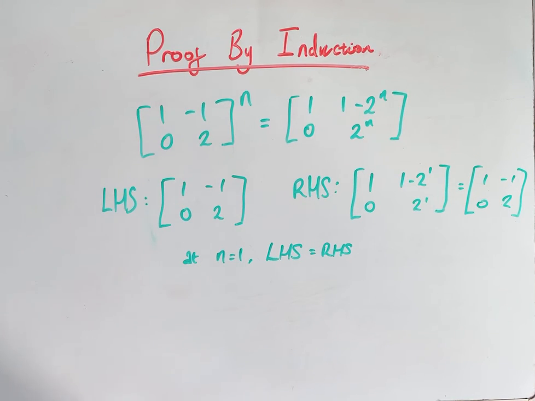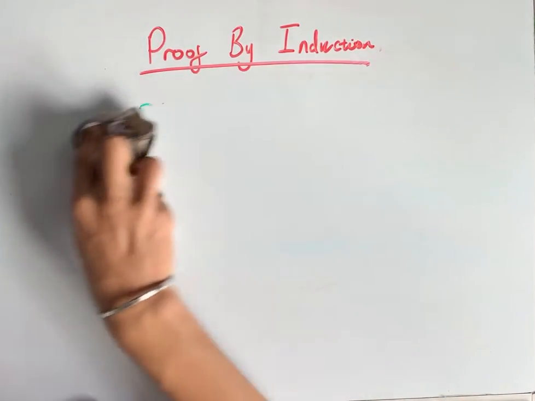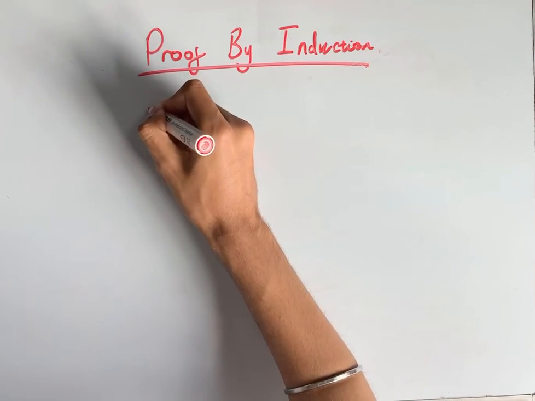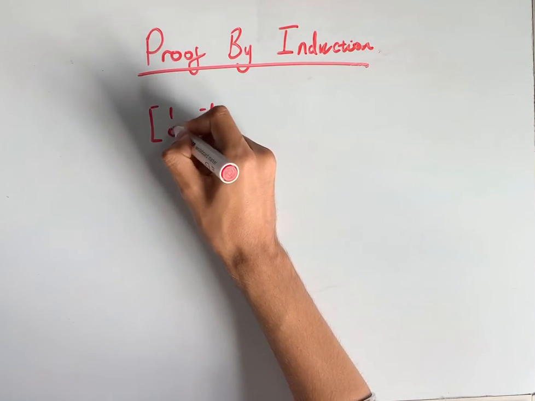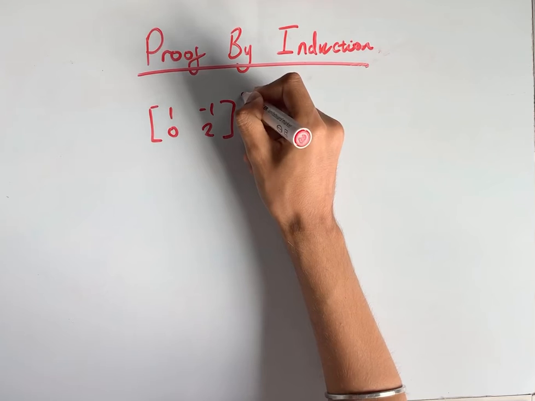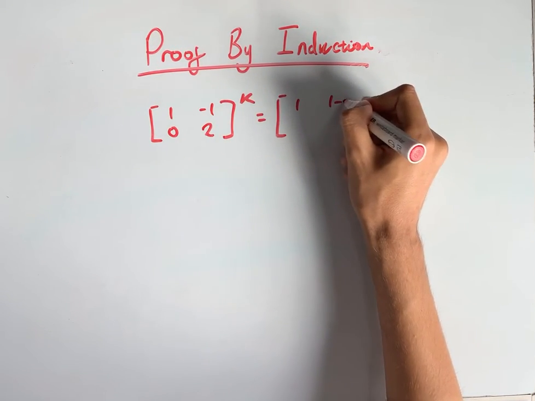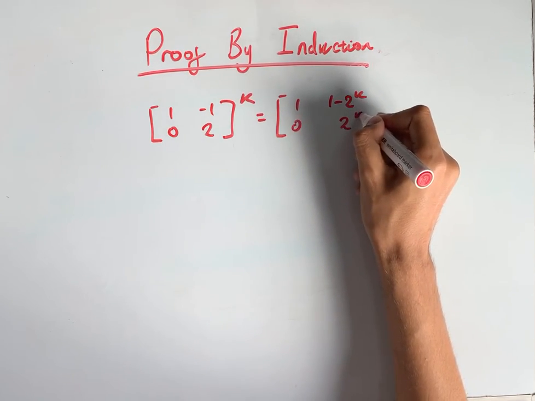Now we need to make more space. So we know it's true for n equals 1. Now what we're going to do is assume that it holds for n equals k. So we're going to say that 1, minus 1, 0, 2 to the power of k equals 1, 1 minus 2 to the k, 0, and 2 to the k.